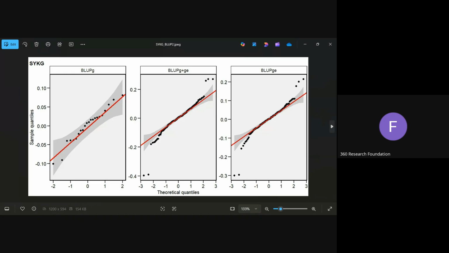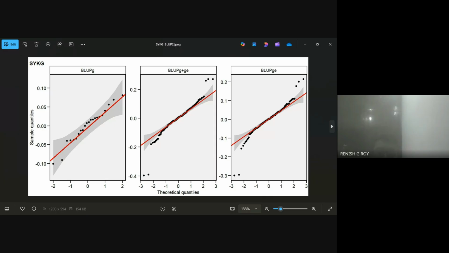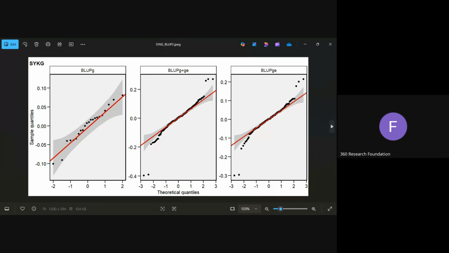Just concentrate on distribution. Normal. Normally distributed.